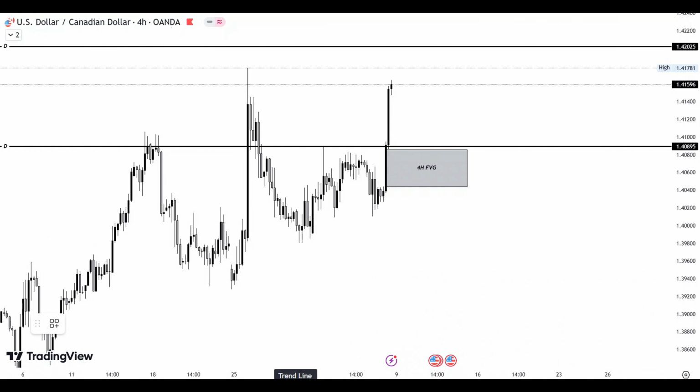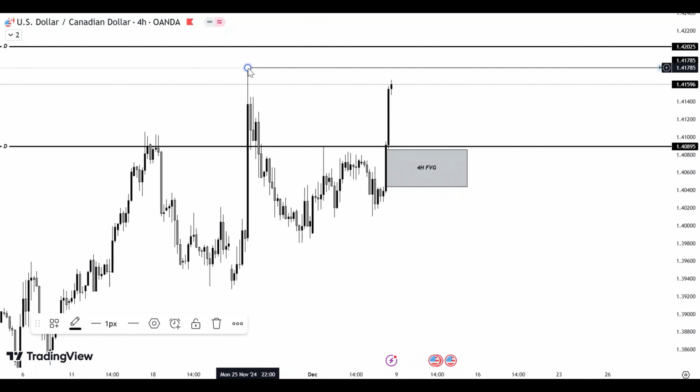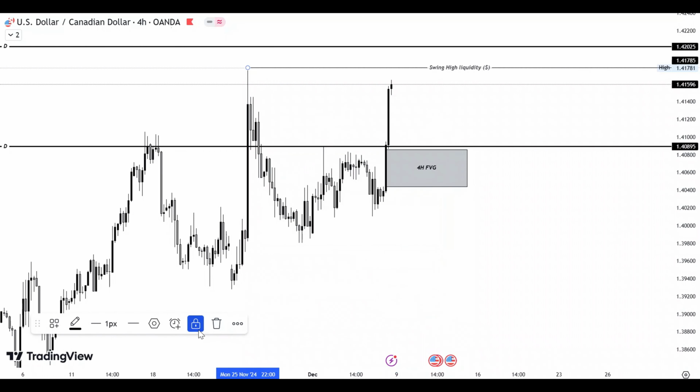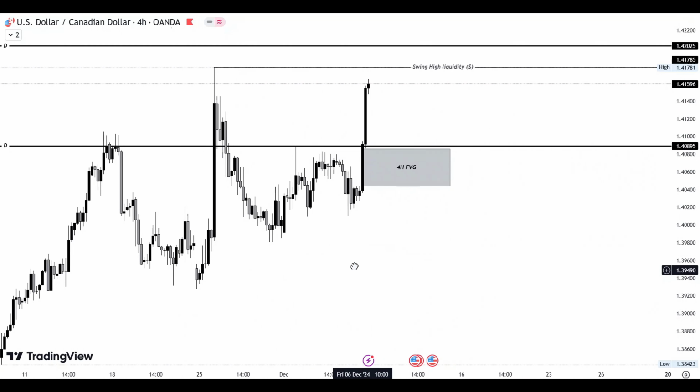But then the market is currently approaching a previous swing high, so this is going to be a swing high liquidity, because the market is looking forward to forming equal highs on that level. So that's a very strong liquidity level for us.